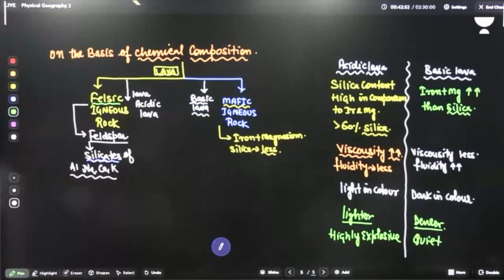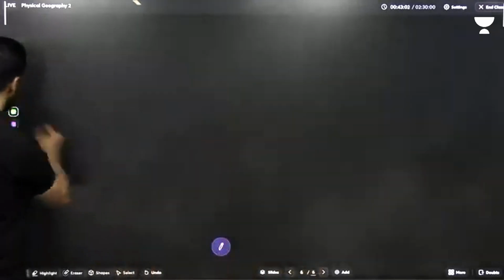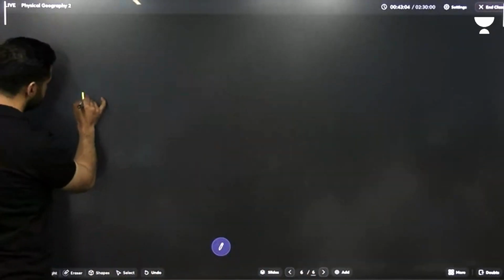Now, as a layman, will you be able to identify it? कौन करेगा ये? Geologist. लेकिन आप भी देख सकते हो. Let me show you how come. So let's take one example here.